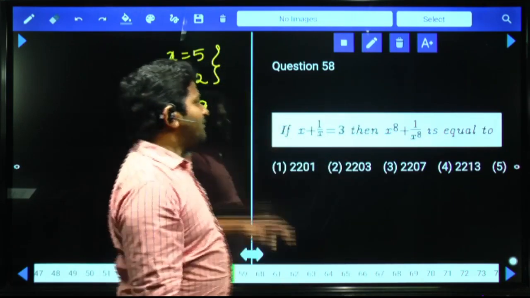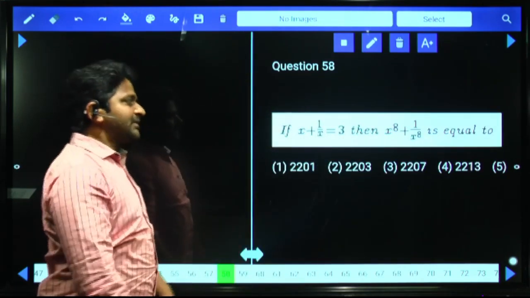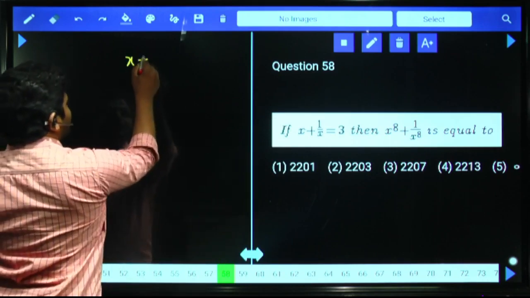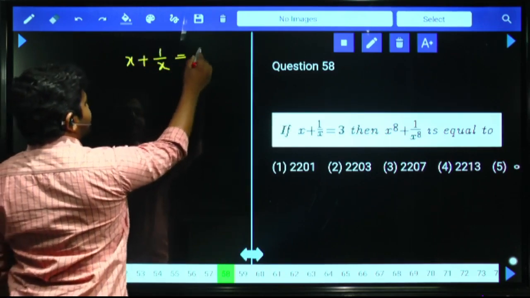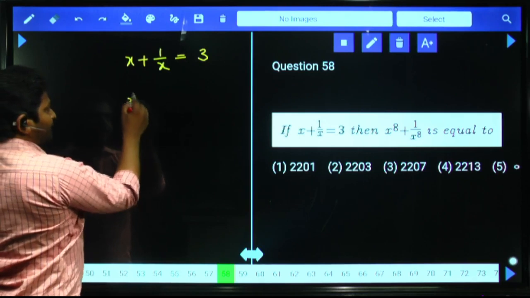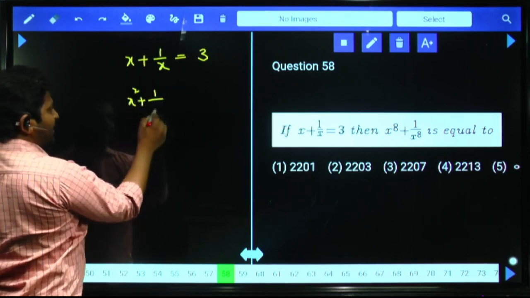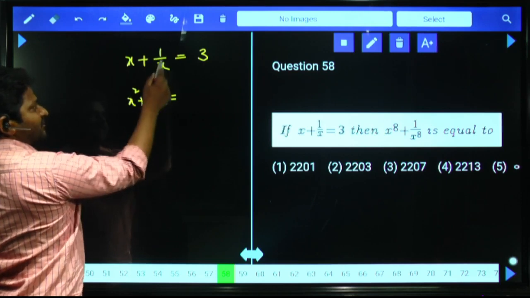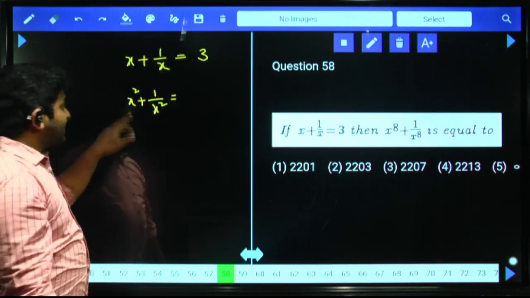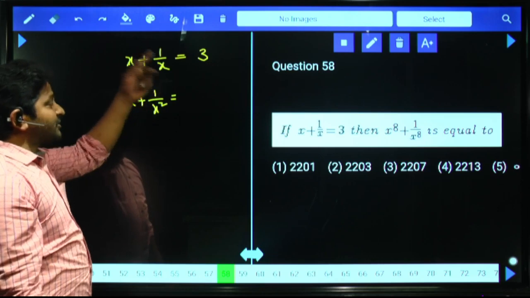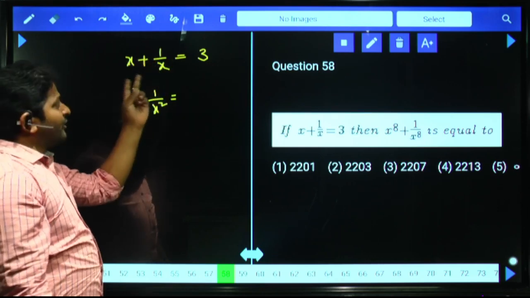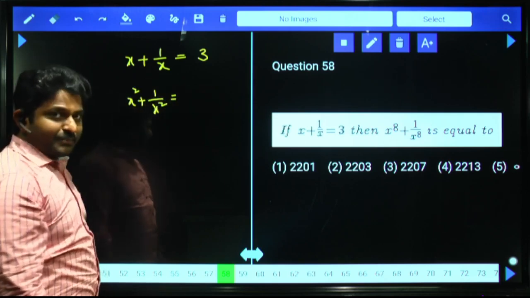Next, x plus 1 by x is equal to 3, x power 8 plus 1 by x power 8 is equal to how much? So when you have this, you know how to calculate x square plus 1 by x square. That is x plus 1 by x whole square, that is x square plus 1 by x square plus 2 into x into 1 by x, that is plus 2. When plus 2 goes to the other side, that becomes minus 2.